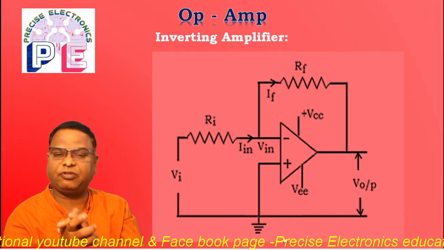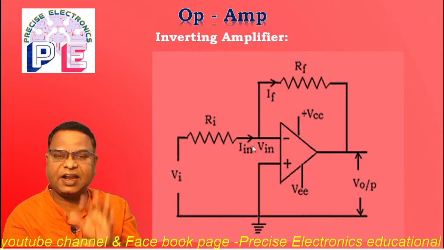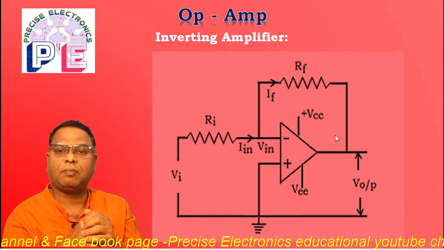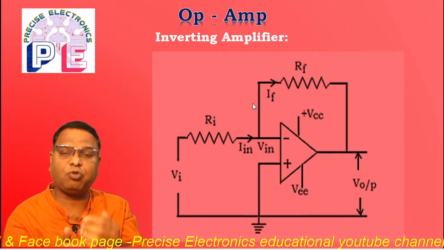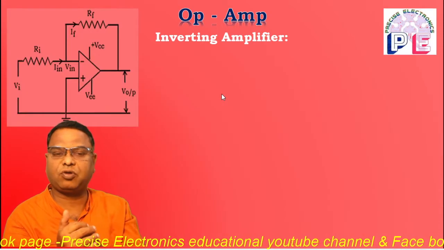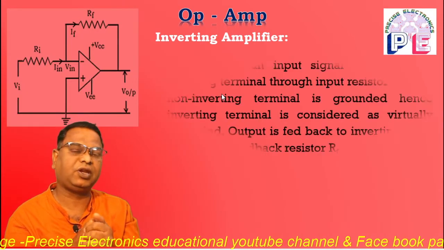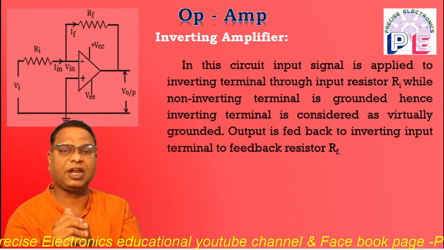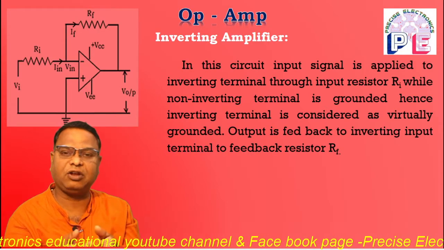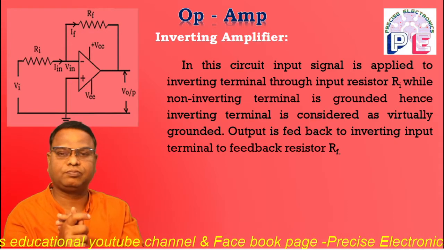Non-inverting terminal, that is pin number 3, is directly grounded. The supply of plus minus 10 volt to 18 volt is connected to pin number 7 and pin number 4. Pin number 7 is plus VCC, pin number 4 is negative VEE. So the supply of plus minus 10 to plus minus 18 volt is connected between these two terminals.